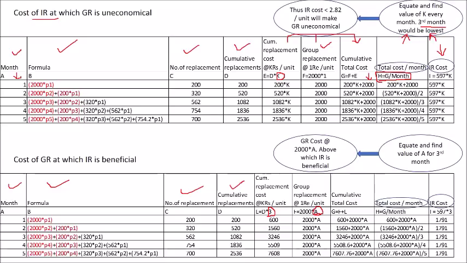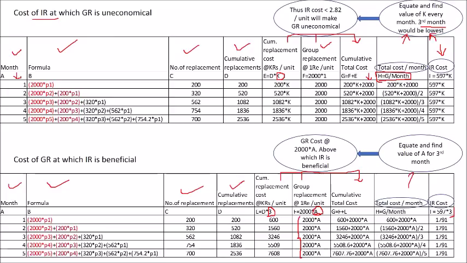So I am assuming 2000 multiplied by A, which is constant for all the months. Now I am finding the same way: cumulative individual replacement cost plus group replacement cost is the cumulative total cost. I am dividing by the respective month. And what is the individual? 597 multiplied by 3, which is given in the question, 3 rupees. So I am equating these two sides.